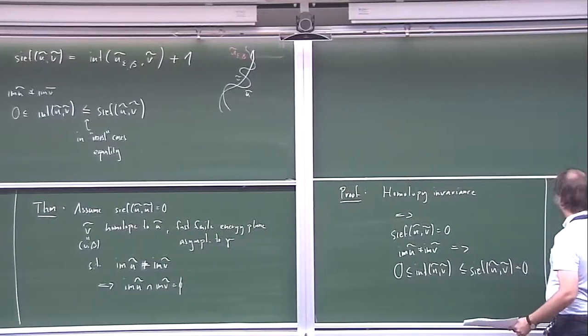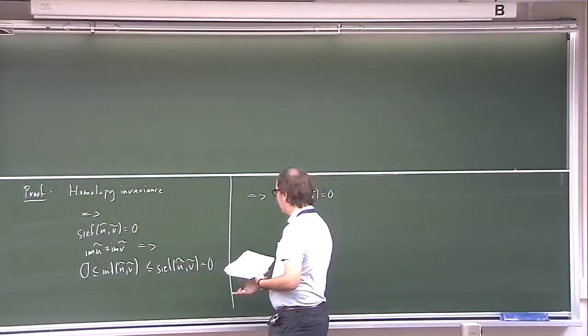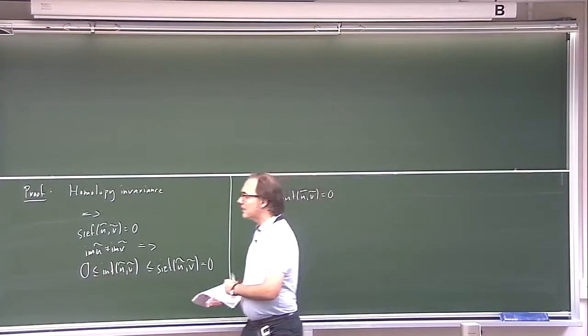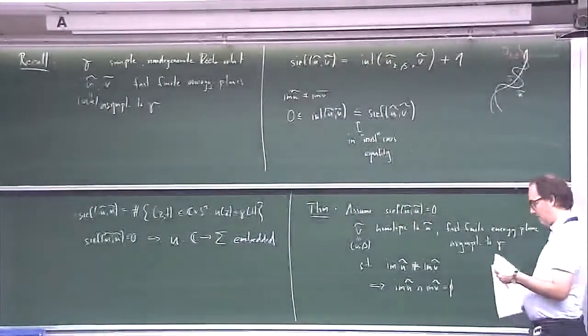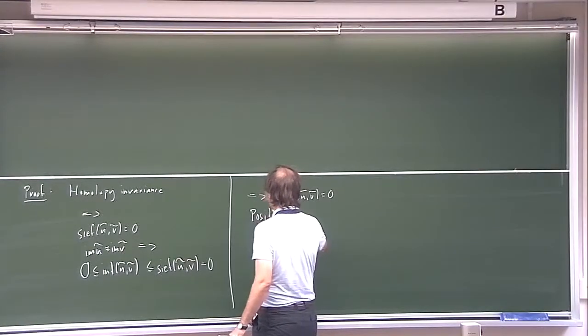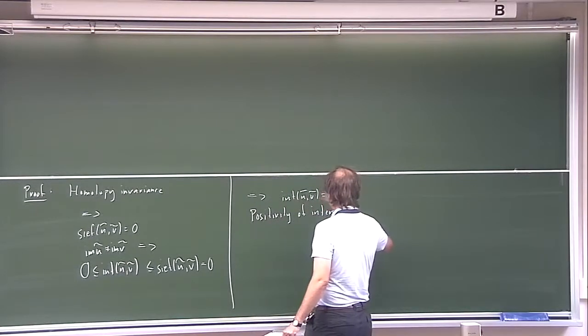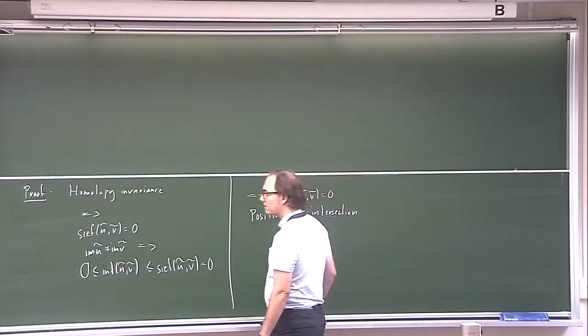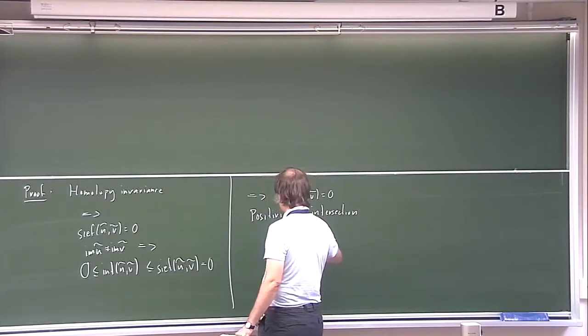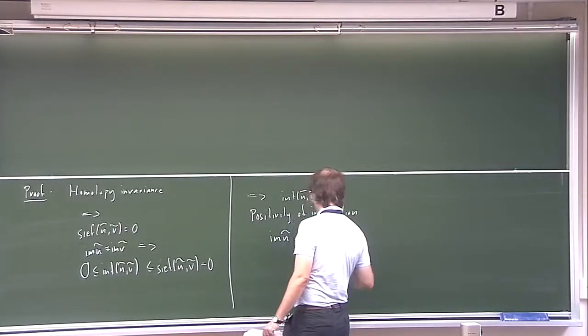So therefore, the algebraic intersection number is 0, and then the result follows by positivity of intersection: image ũ intersected with image ṽ is empty.